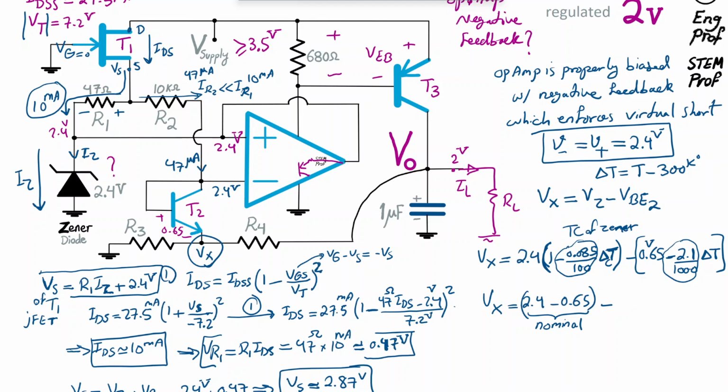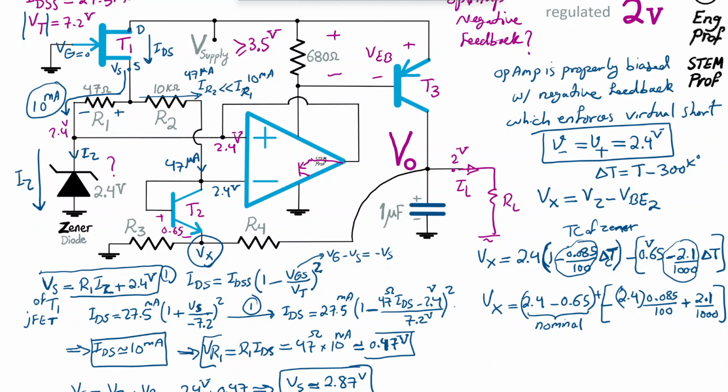So we have minus 2.4 volt multiplied by the temperature coefficient, which means 2.4 times 0.085 divided by 100, and then we have minus times minus, which means plus 2.1 divided by 1000, and the whole thing is multiplied by delta T.